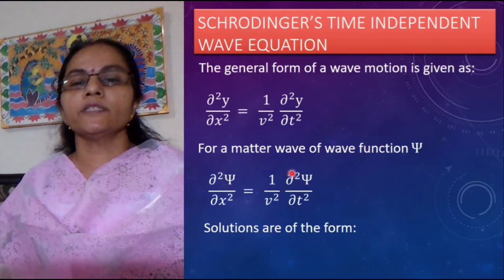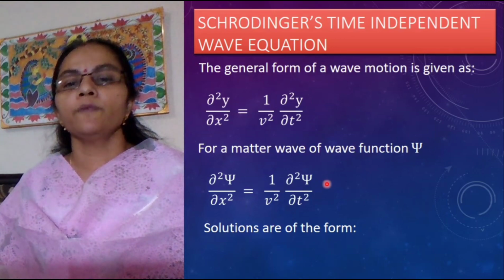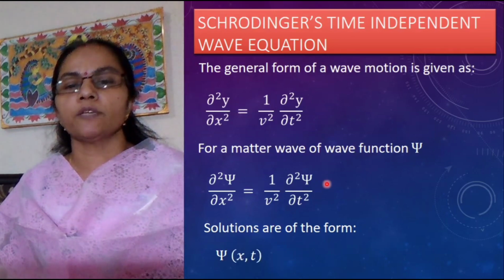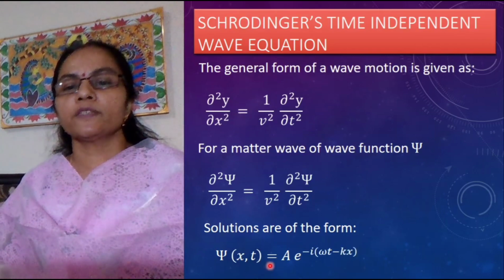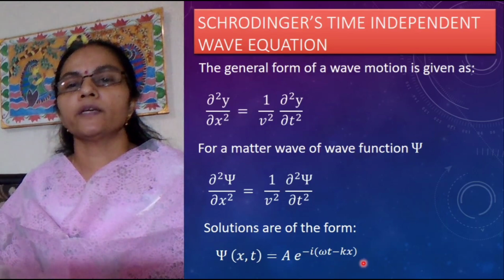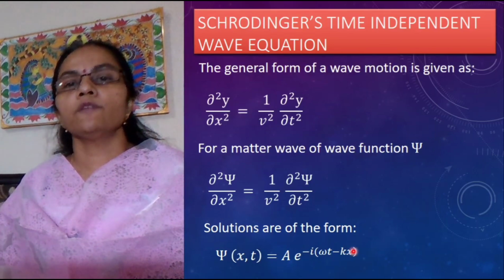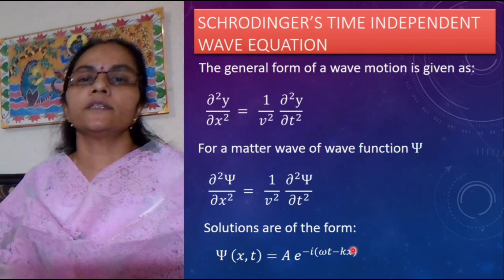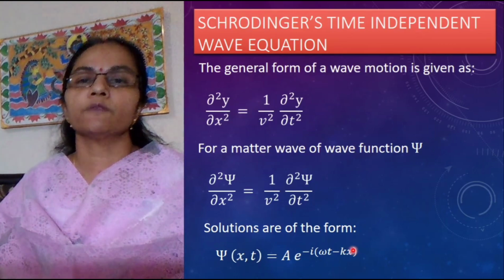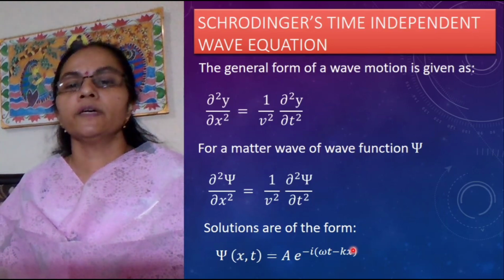Now the solutions to this type of wave equation are in the form of plane waves, which can be written as psi of x,t is equal to A e to the power minus i into omega t minus kx. I have written it in the exponential form because all exponential terms can be converted in terms of sine and cosine functions, and sines and cosines are nothing but our waves.